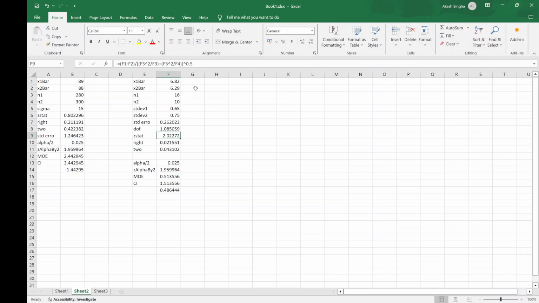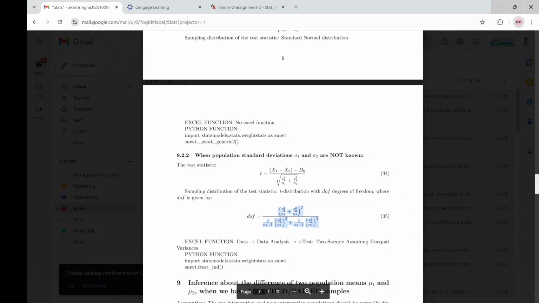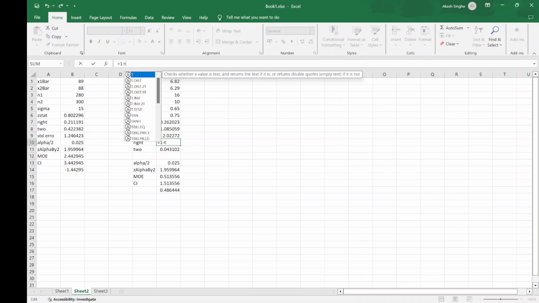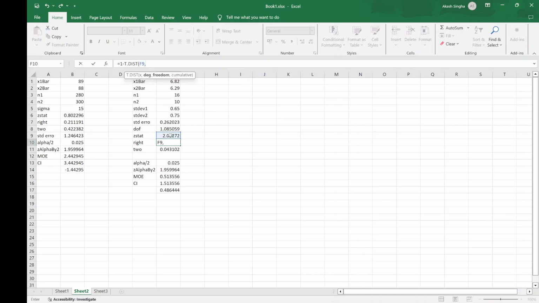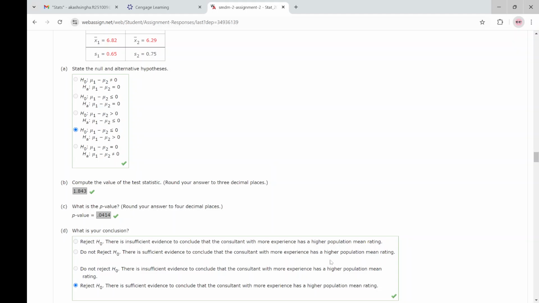Okay, let's see. Then the t stat in this case will be x1 minus x2 by the whole standard error, and the right tail will be T.DIST with the degrees of freedom. 1.416, the answer 1.843 should be the answer.